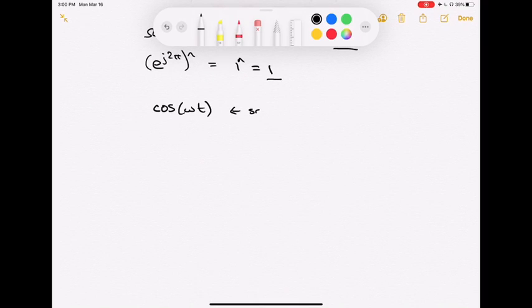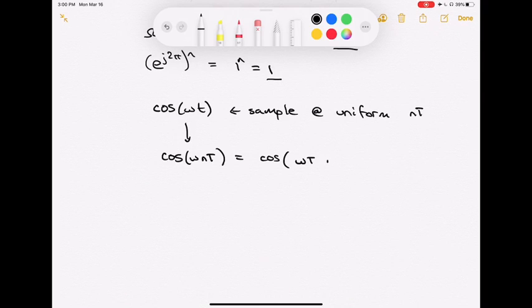So I'm going to sample it at some uniform rate, at t equaling n times capital T. So every capital T, I'm going to take a new sample. If I do that sampling, I'll get a digital sinusoid, cosine of omega times t equaling n capital T, which I could write out as cosine of omega capital T times n.